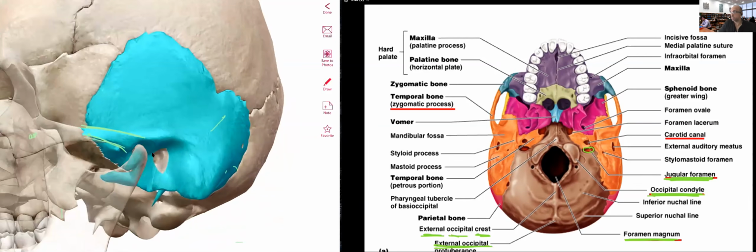So on the test, a tricky question. If I ask you here to identify the bone, and I'm marking this, and this is what I'm pointing to, what is the answer you're going to be looking for?